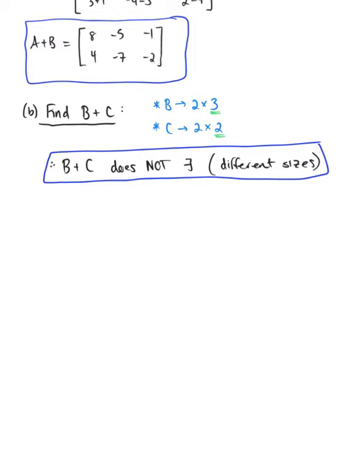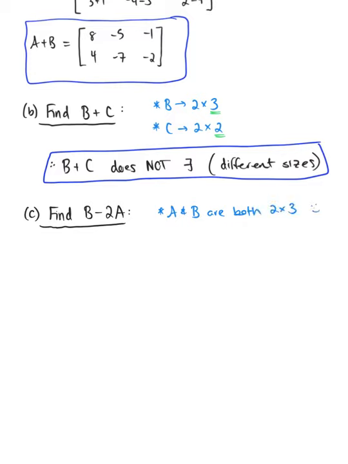And last but not least, we want to go ahead here and find matrix B minus 2 times matrix A. So we already know that matrix A and matrix B have the same size. We saw that in part A. A and B are both 2 by 3 matrices.